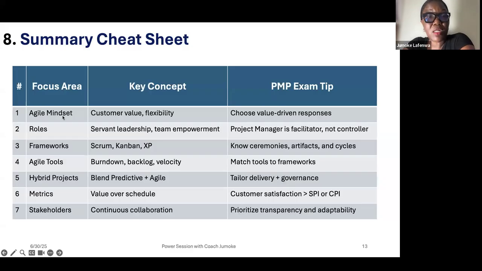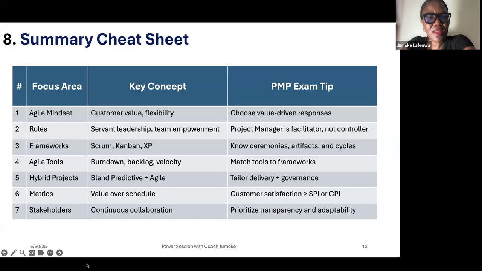The first one is agile mindset. The key concept here is that you are delivering value to customers. So that should be what is ringing in your head. And then it is flexible. There is nothing like, oh, we planned this, we can't change it. There's nothing like that. So that is the key concept.